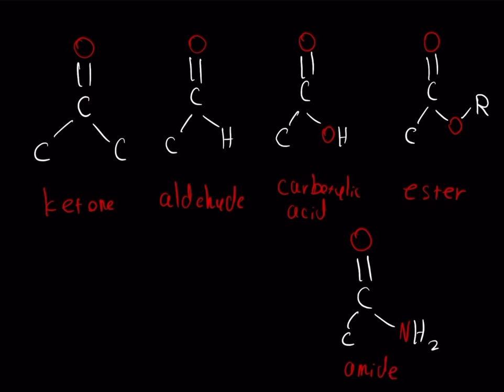In terms of how these would show up in the formula, let me go over that real quick. Ketones are going to have a COC. That's how you're going to see a ketone usually. Should probably draw that in blue.